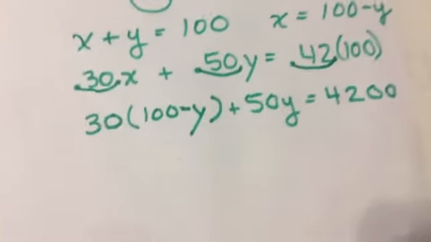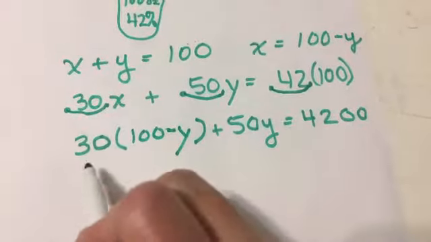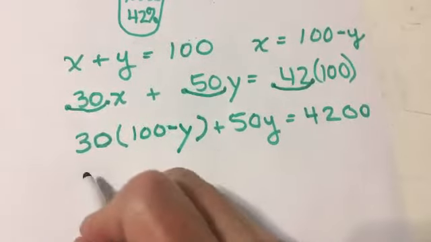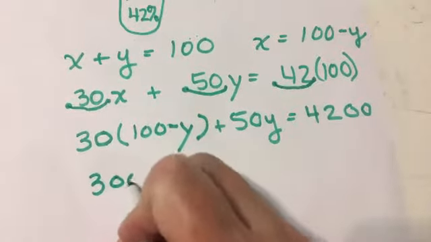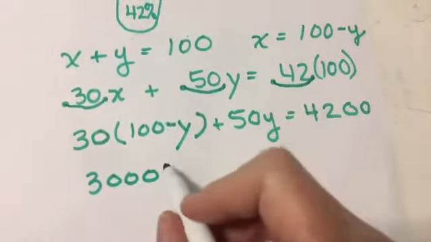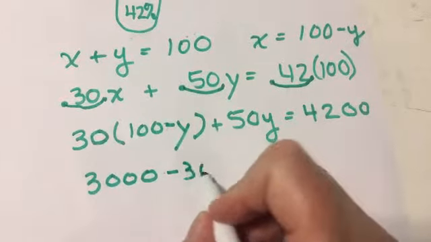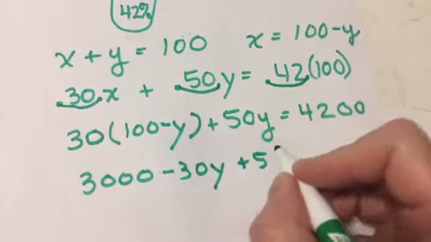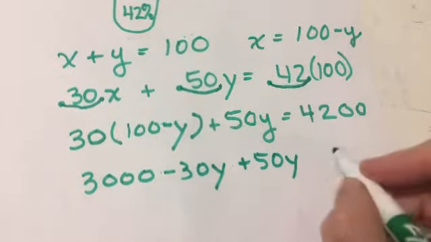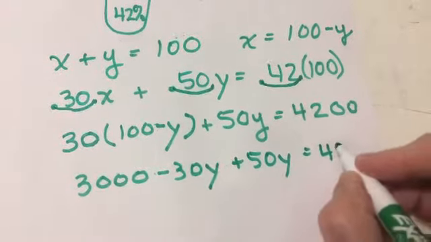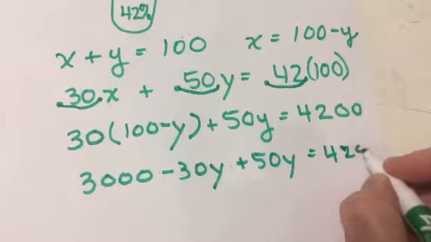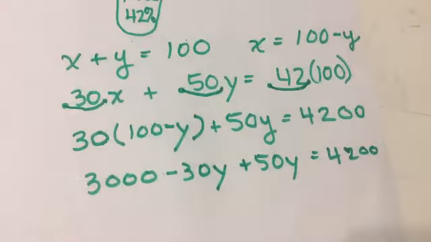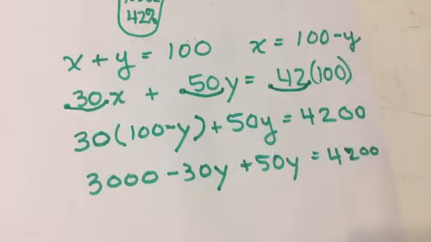And now, when I distribute, I have 3,000 minus 30Y plus 50Y equals 4,200. Okay, so I'm going to subtract the 3,000 from both sides.